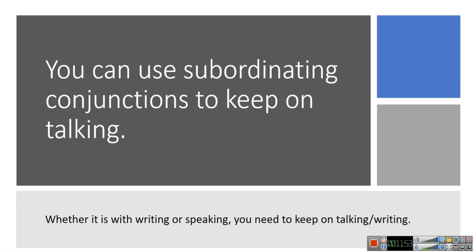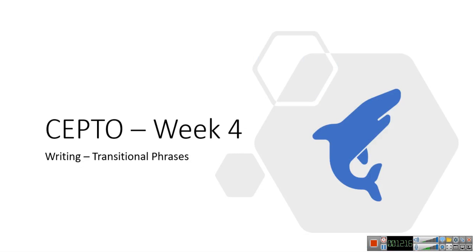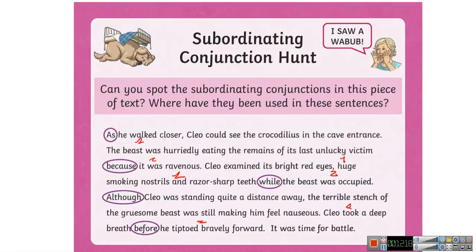So you can use subordinating conjunctions to keep on talking. Another benefit. So we can make contrasts, we can make explanations, we can add more information, we can make better sentences, but also we can keep on talking. And for this, as we're talking about the CEPTO, remember this is a CEPTO lesson.